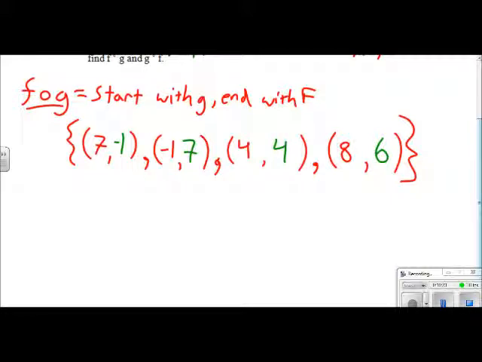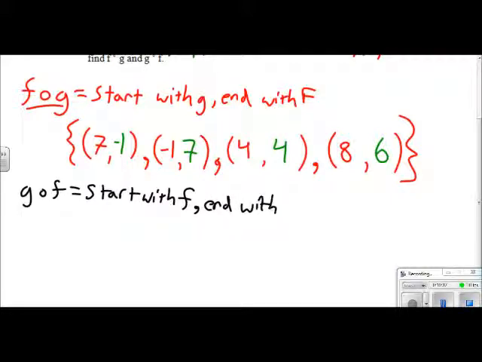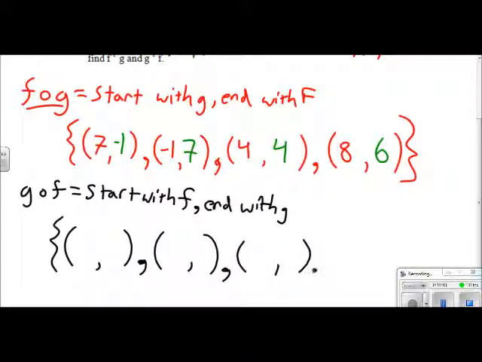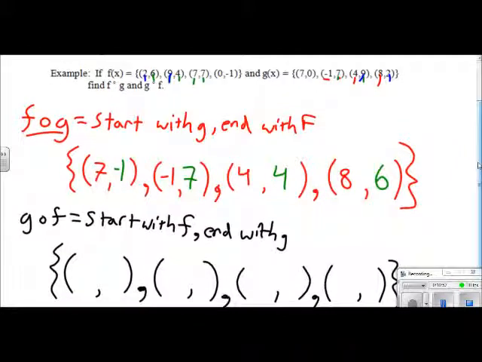Now, doing the same thing, if we do g of f, that means we start with our inputs from f, and we end with our outputs from g. So again, it'll have all of these ordered pairs, just like before, and our inputs are going to be ones from the f function.